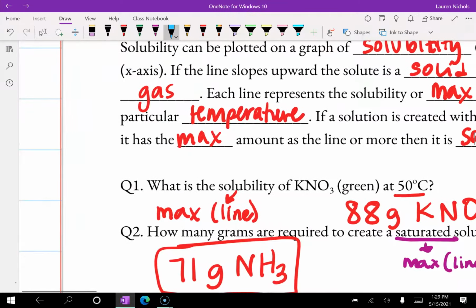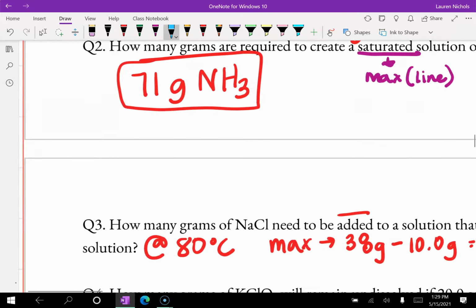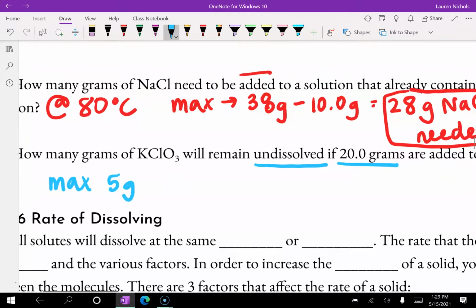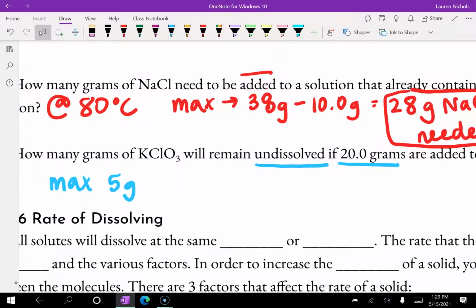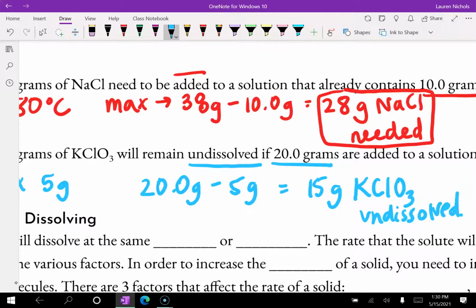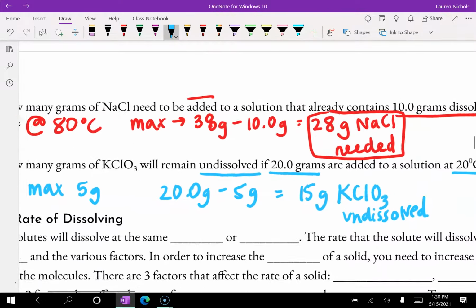So what they're asking is how much is undissolved. Because if the maximum is 5 grams and they added 20 grams to it, it means only 5 grams will dissolve. So 20 grams minus 5 is equal to 15 grams of potassium chlorate undissolved, right? That's a lot that's going to be sitting not dissolved at the bottom of the container.